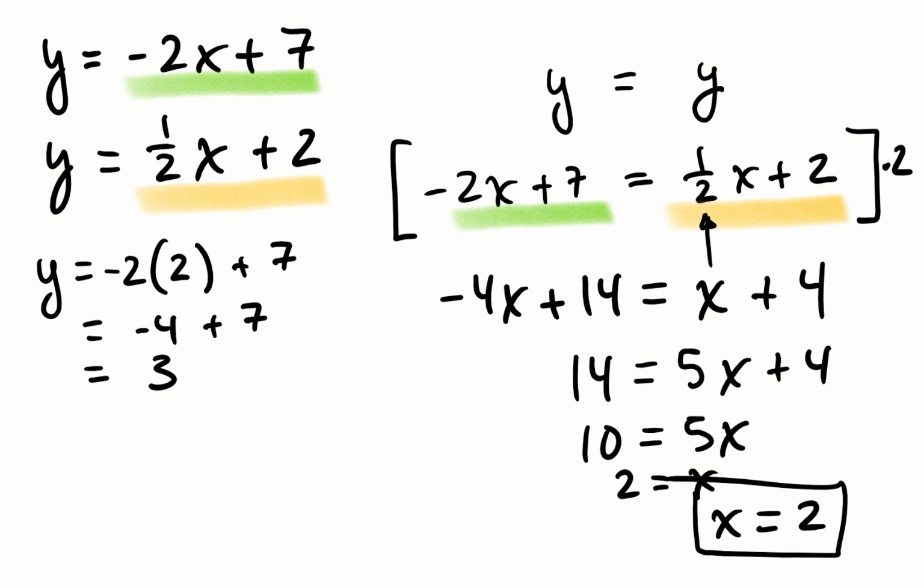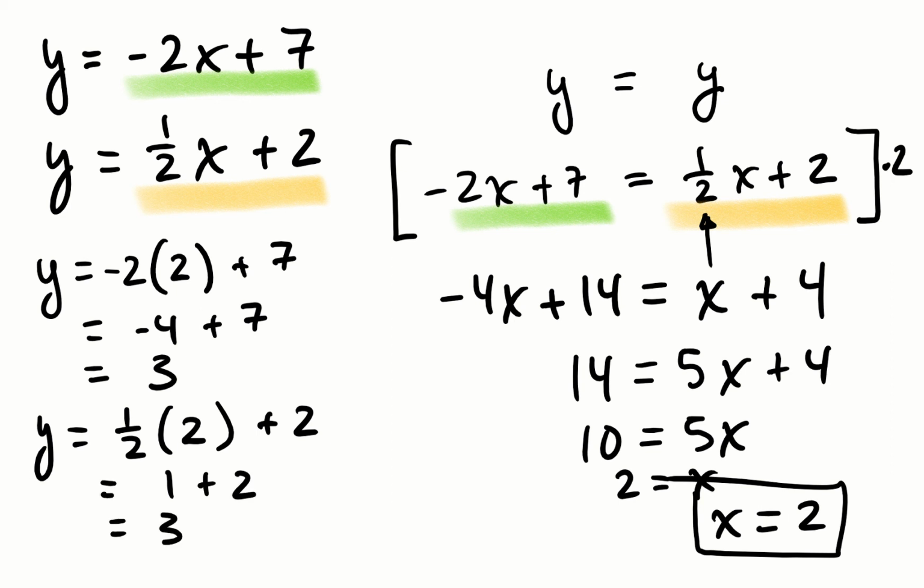So in the first equation I get y is 3. The second equation, y is equal to 1/2 times 2 plus 2. 1/2 times 2 is 1. 1 plus 2 is 3. So I can see that in both cases I got that y was 3, so my solution checks.